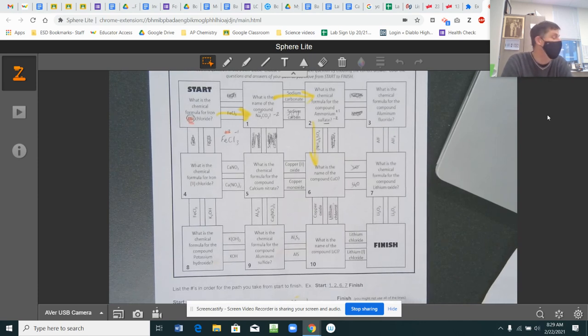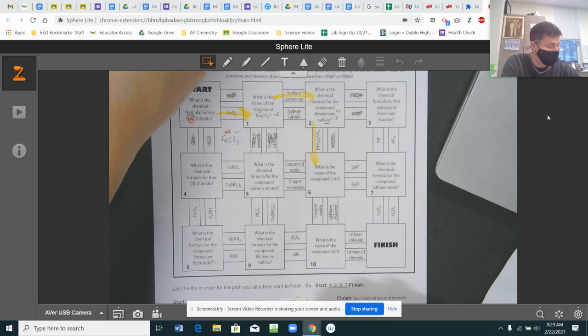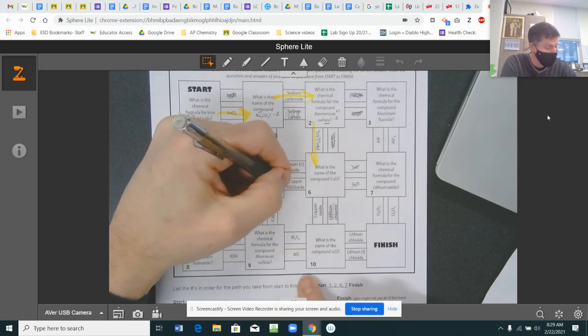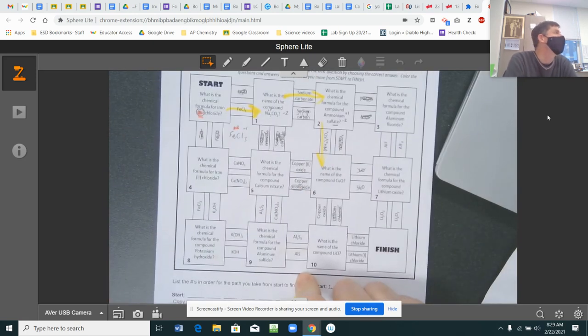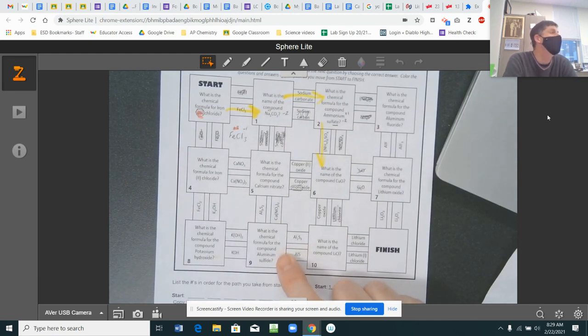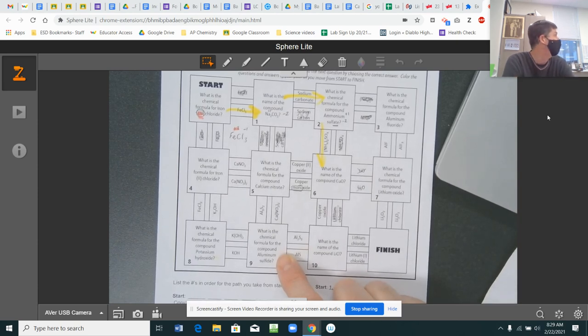Okay. Now, and here's the thing. Prefixes are never used with metals. Prefixes are when we don't have charges. And that's always when we're bonding covalently. And remember, metals are always going to take charges because they're always going to share, right?